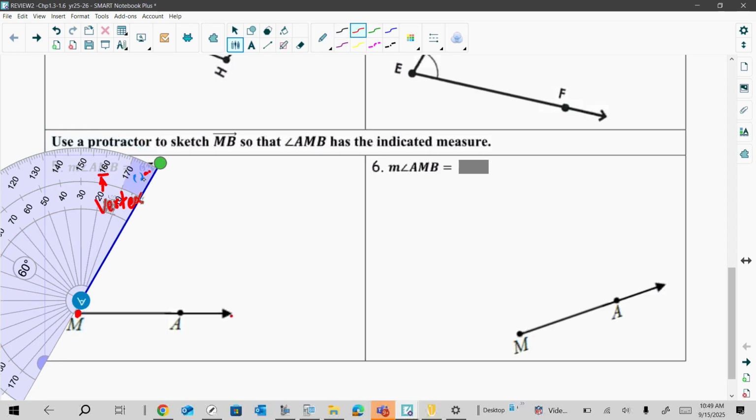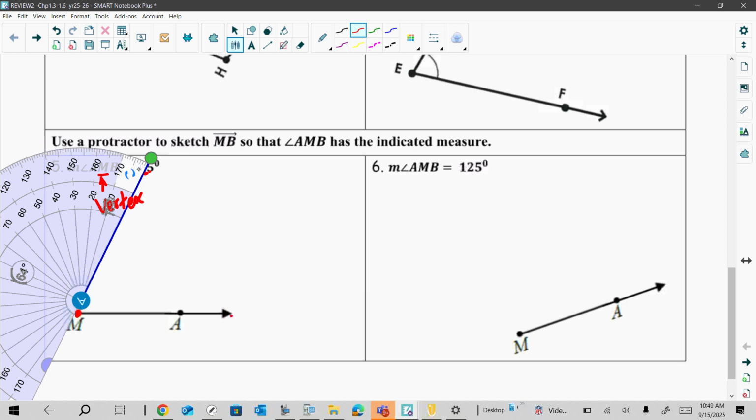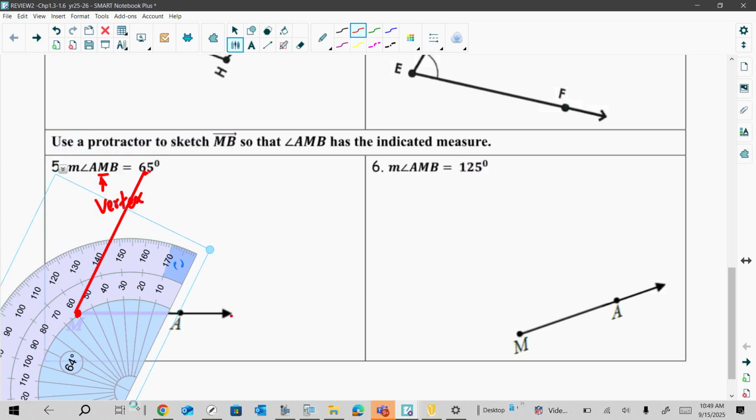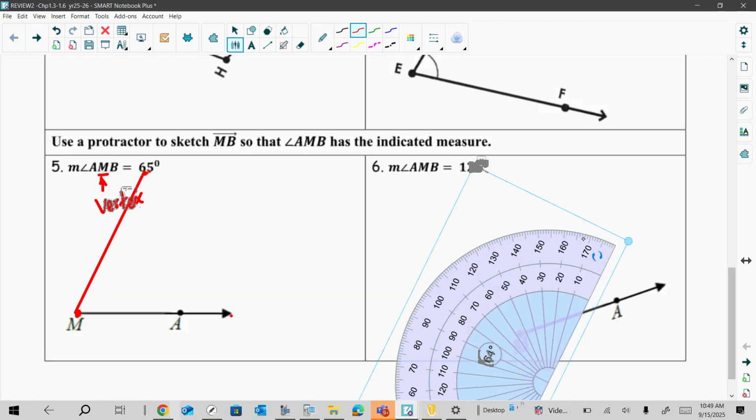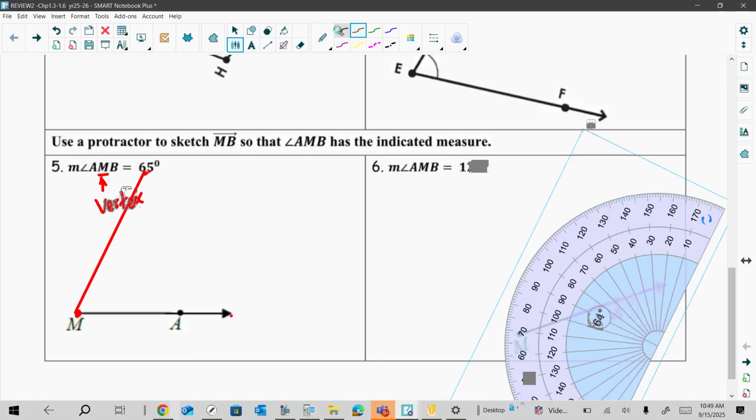I'm now just drawing a ray, connecting from M to that tick mark, and now I'm going to add the point B. So now I have angle AMB drawn, and it should look acute. Connect your tick mark to the vertex. So again, M is the vertex.